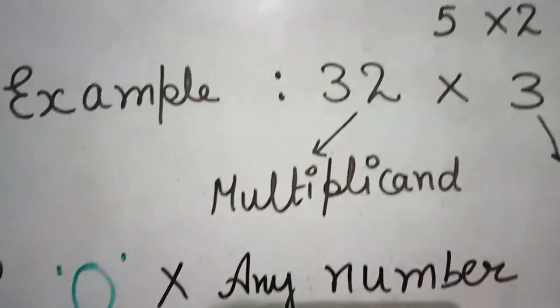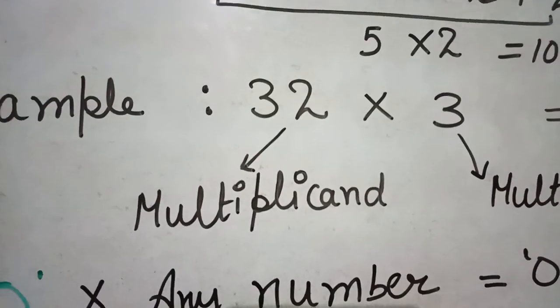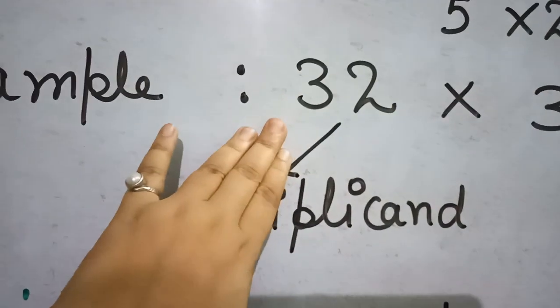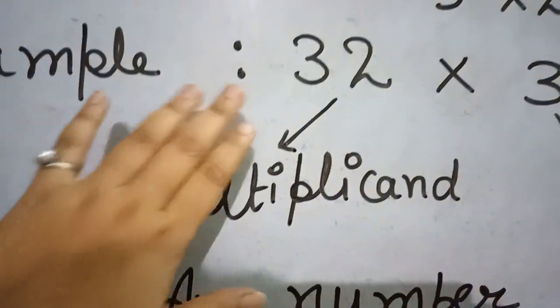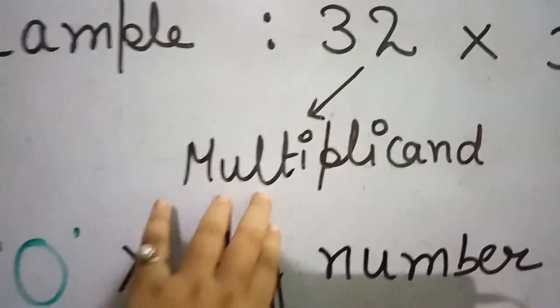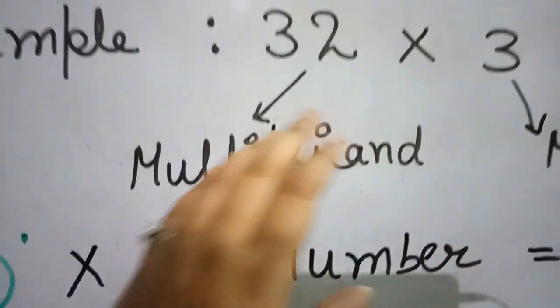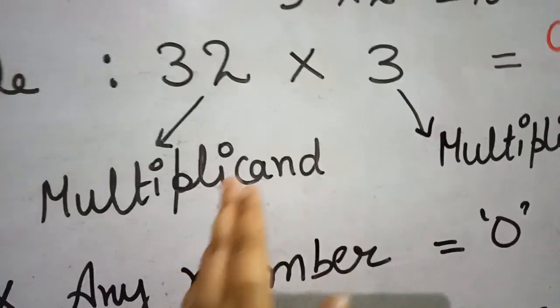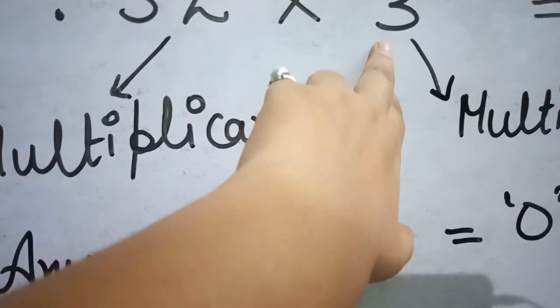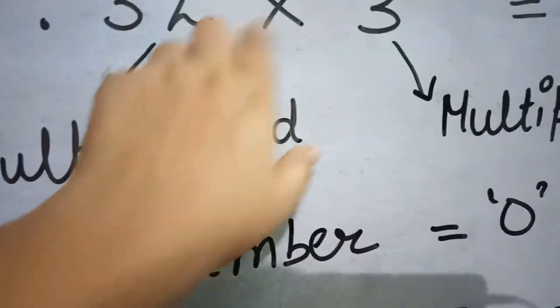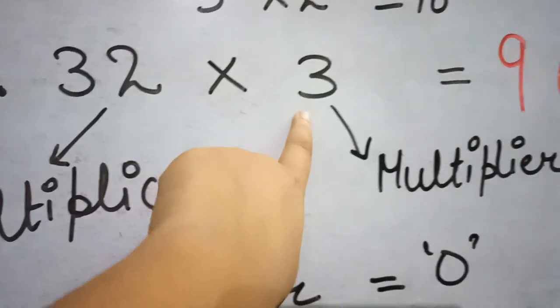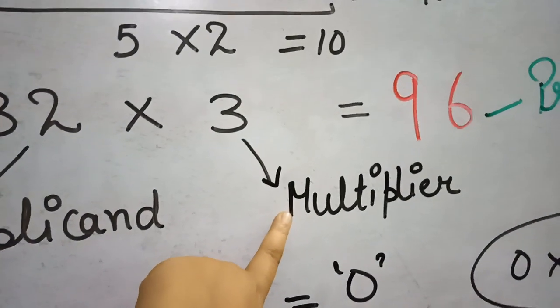The number which we multiply is called the multiplicand. And the number by which we multiply, 3, because we are multiplying 32 by 3, is known as the multiplier.